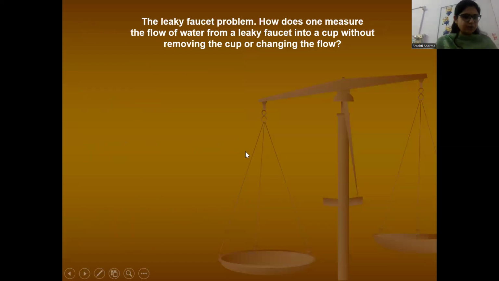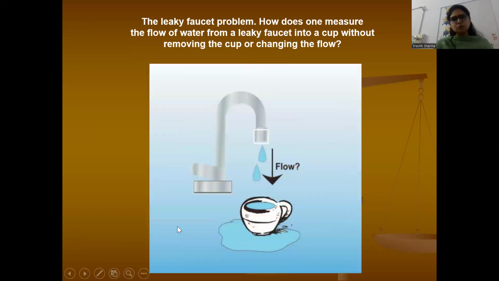Now we will be studying this through an example, the leaky faucet problem. How does one measure the flow of water from a leaky faucet into a cup without removing the cup or changing the flow?